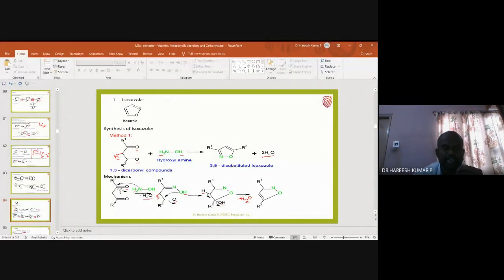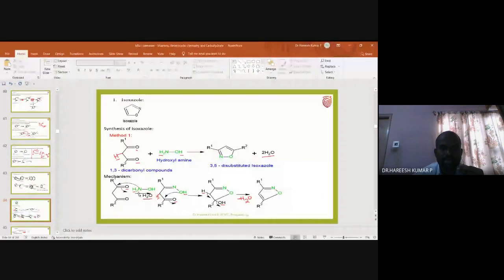Why is it reacting with this carbon? Because this carbon is electron deficient and this nitrogen is electron rich. So there will be a new bond formation between this nitrogen and this carbon, by the loss of hydrogen, and at the same time by the loss of oxygen present on this carbon. This oxygen and this hydrogen will go out as water.